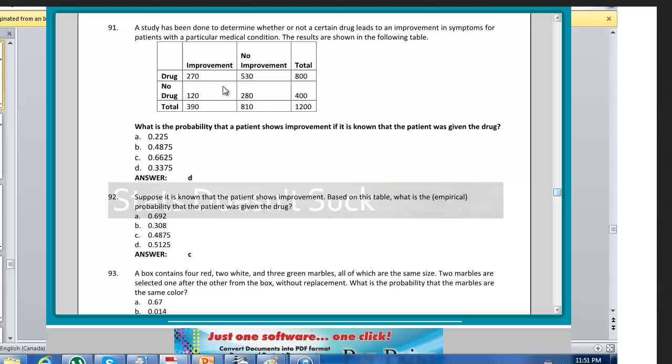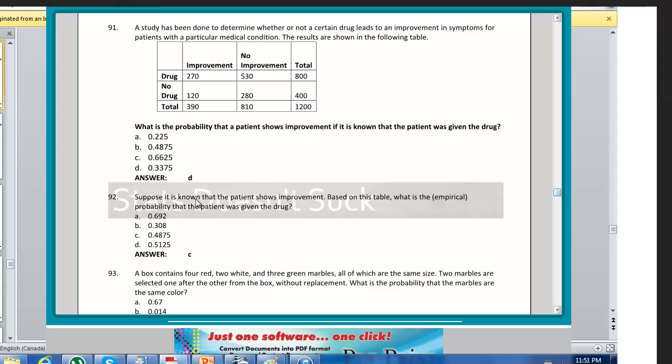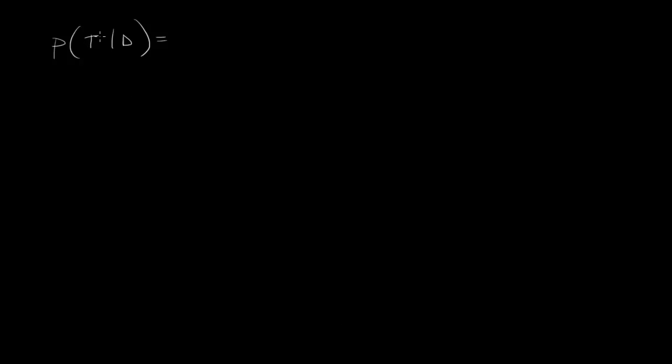Let me put it this way. We want the probability, given that they've taken the drug, of an improvement. So I'm going to call that improvement. It's a conditional probability because we know that they've taken the drug, we want the probability that they've improved.